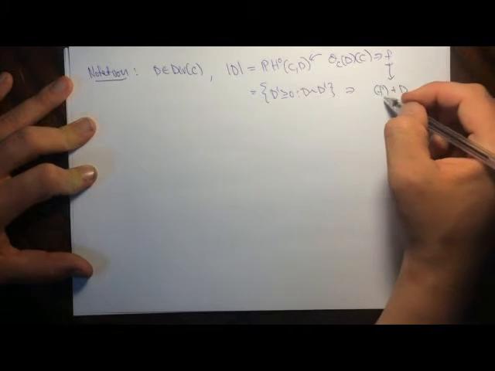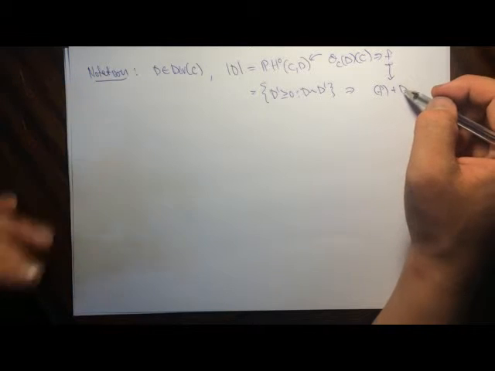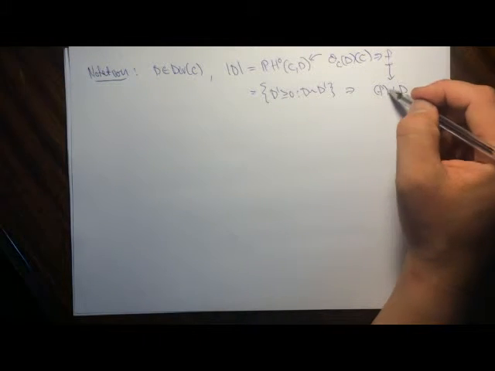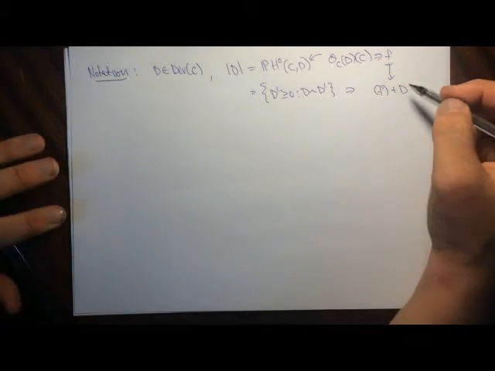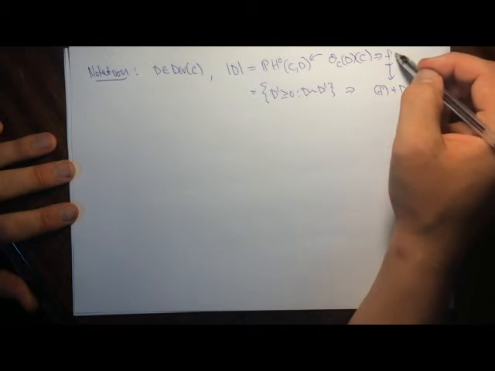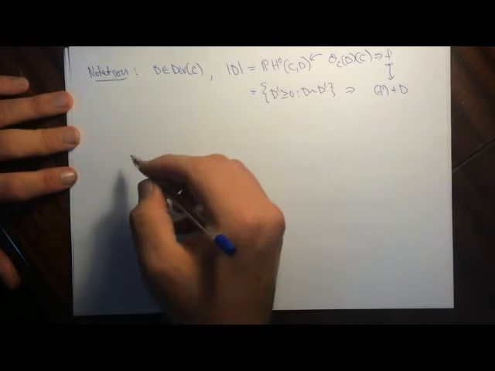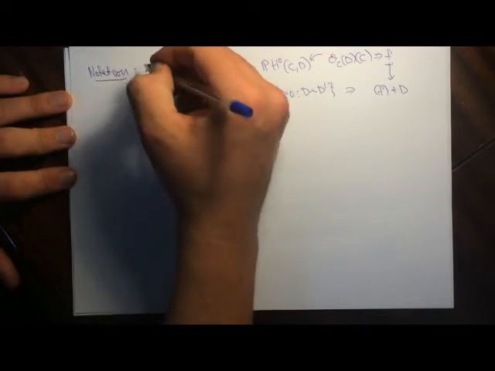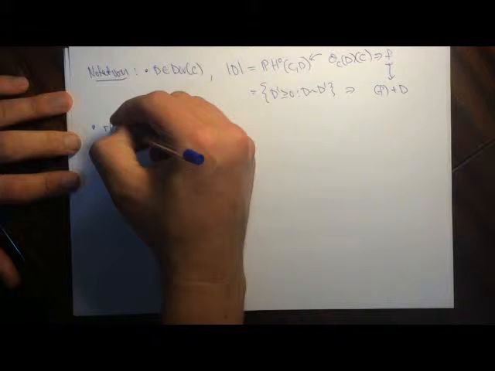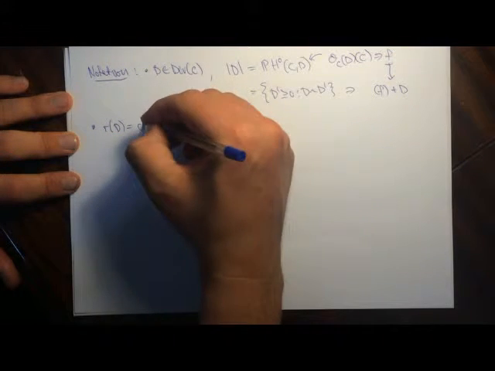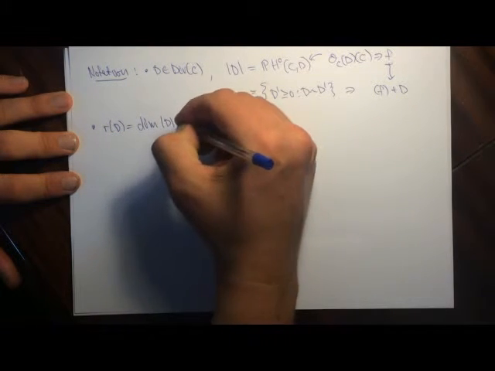So this is this, and these things only matter up to multiplication, which is why we're taking the projectivization here. So other notations. R_D is going to be the dimension of the linear series.